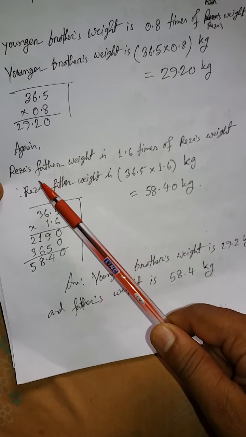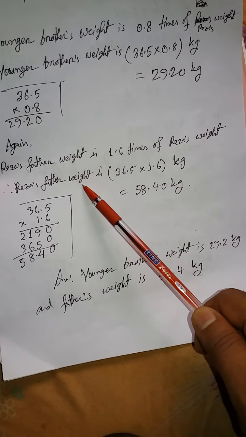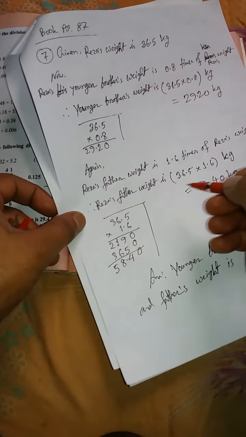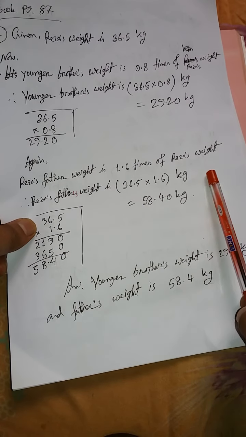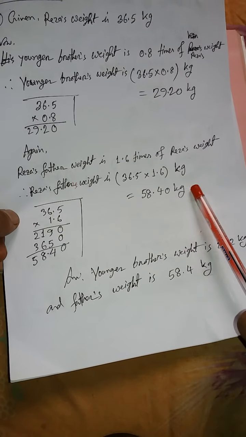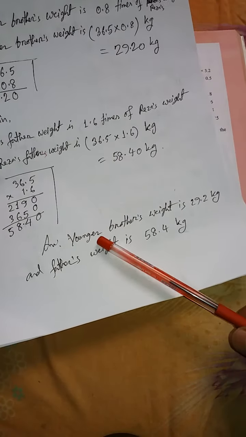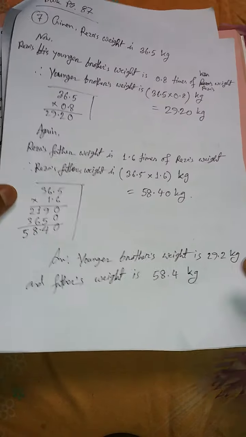In the same way, Reja's father's weight is 1.6 times of Reja's weight. So Reja's father's weight is 36.5 into 1.6 kg. Just multiply here, 58.4 kg. So younger brother's weight is 29.2 kg and father's weight is 58.4 kg. I hope it is clear to you now.